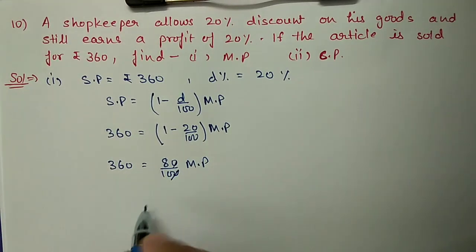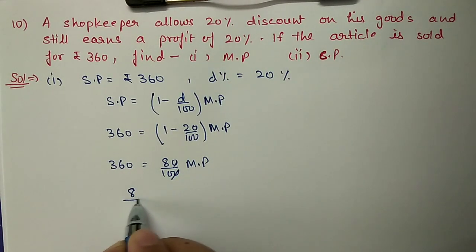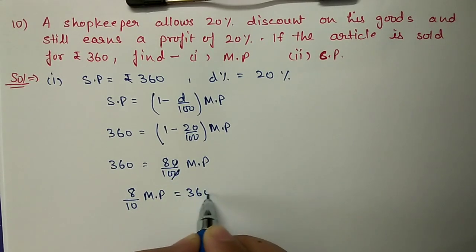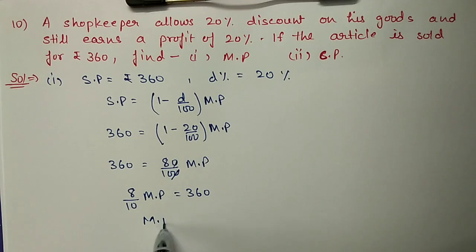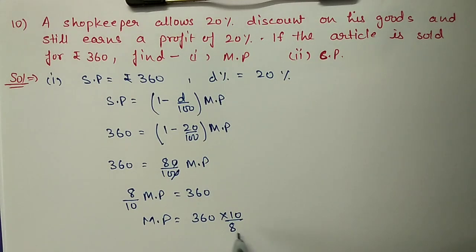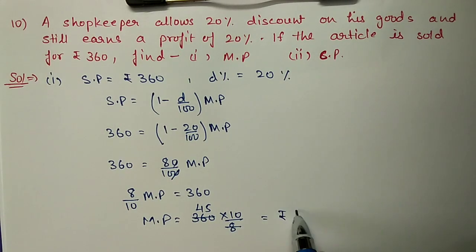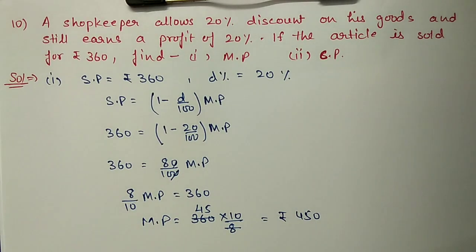So 1 zero you can cancel out and we can write it as 8 by 10 mark price is equal to 360. So mark price will be 360 into 10 by 8. We can cancel out, 8 4s are 32 and 8 5s are 40. So mark price is here 450 rupees.